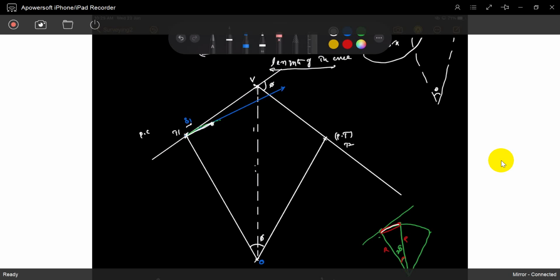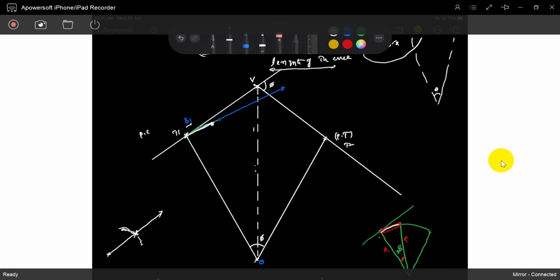Another man puts 0 here, goes in this direction and searches somewhere here. Seeing through the theodolite, you can direct the man to fix this point.